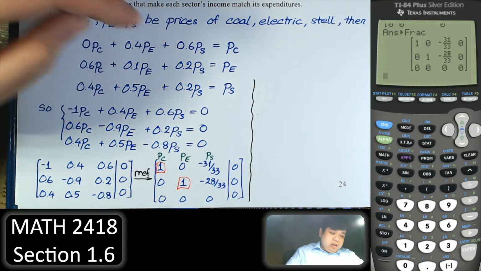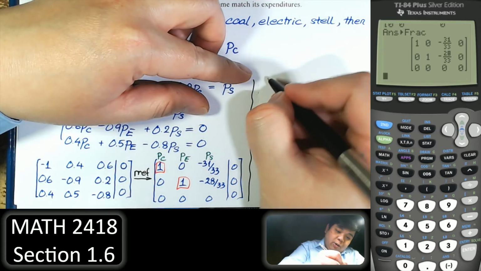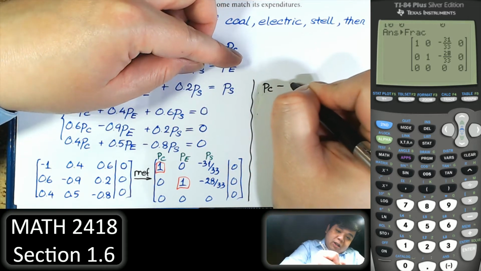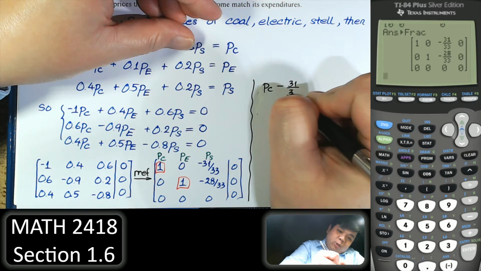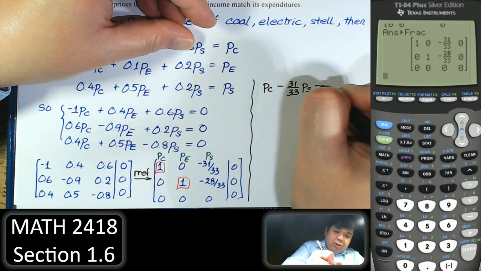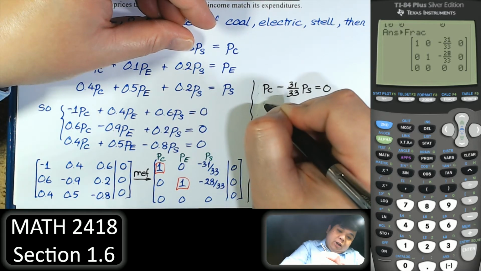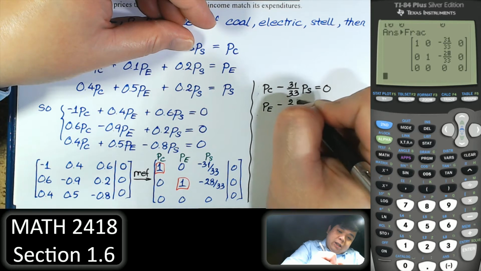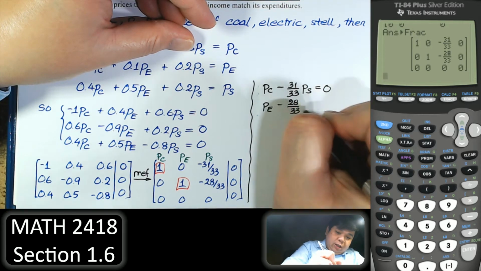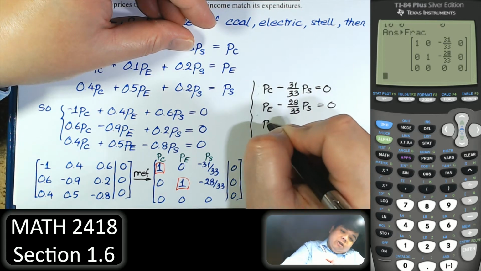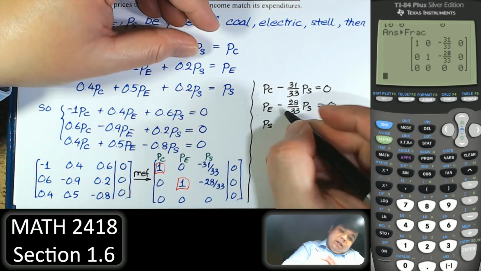The top equation is the price of coal minus 31 over 33 the price of steel equal to 0. The second equation is the price of electric minus 28 over 33 the price of steel equal to 0, and the price of steel is arbitrary.